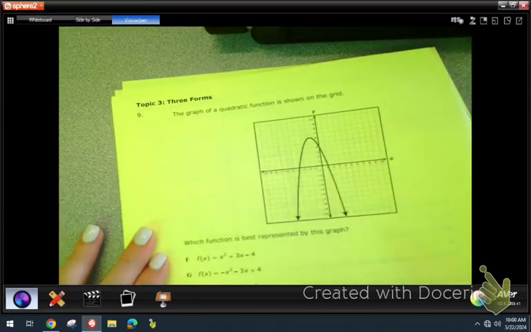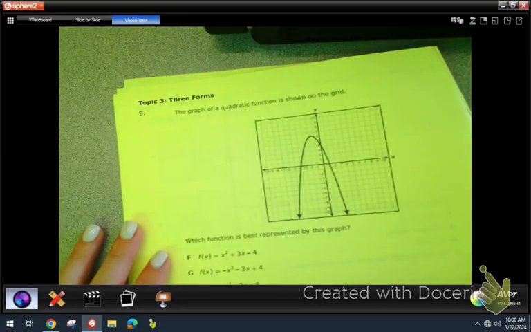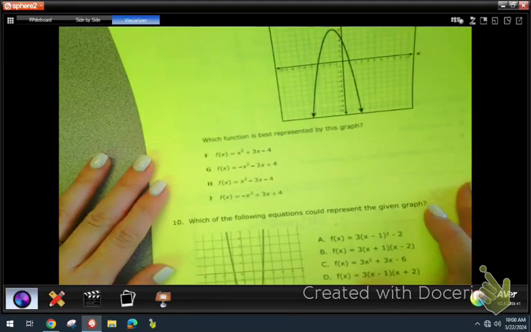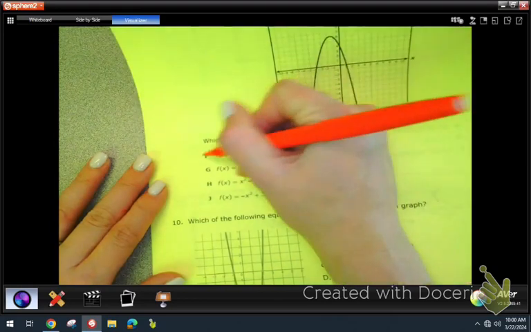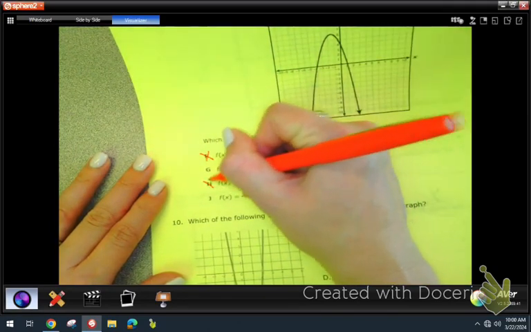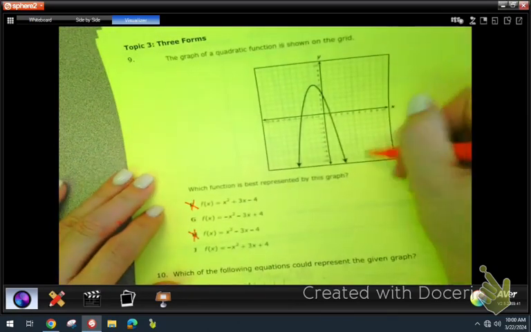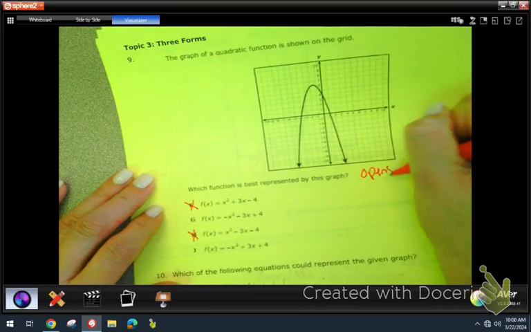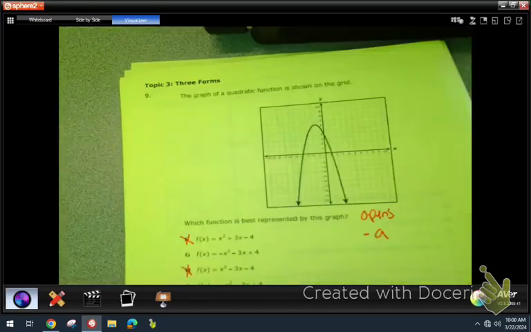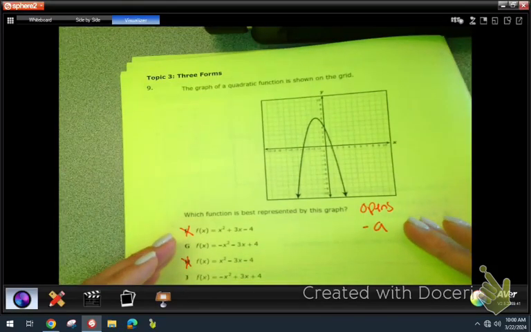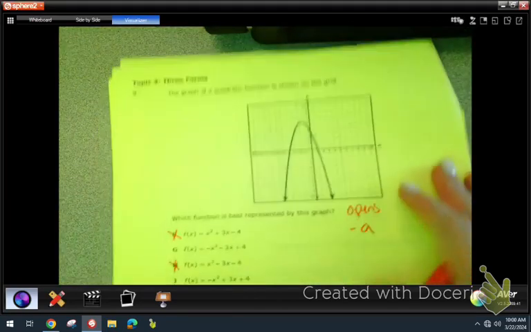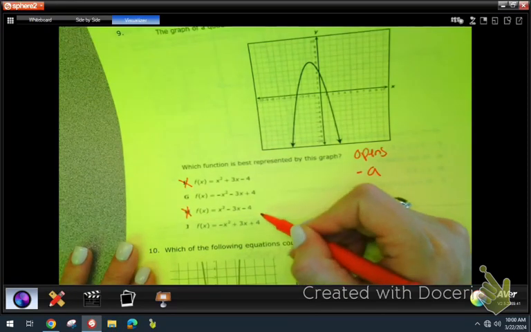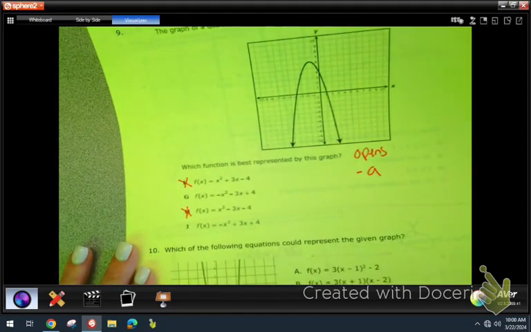How is number 9 opening? Down. So what can you get rid of? Why? Because they're positive. Because they have positive what? Positive A's. So since this opens down, we need to have a negative A value. That's just the first thing I would notice. Okay? And so if you're just going to type in Desmos and you can get rid of two answer choices, that's going to free up some of your time.